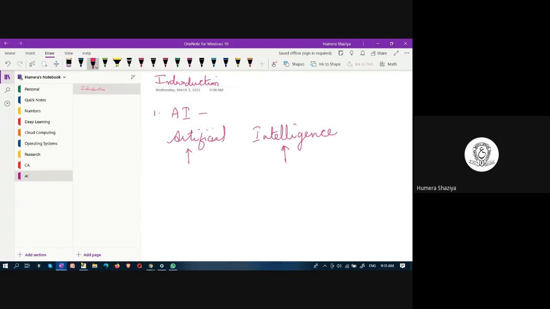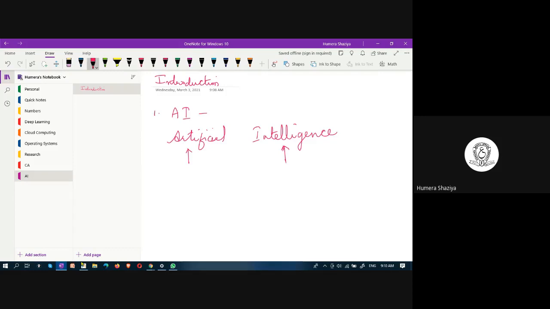So this phrase artificial intelligence means trying to impart and create systems, computer systems, or any machine that can possess rational and logical thinking ability, planning ability, acting ability, and decision making ability.